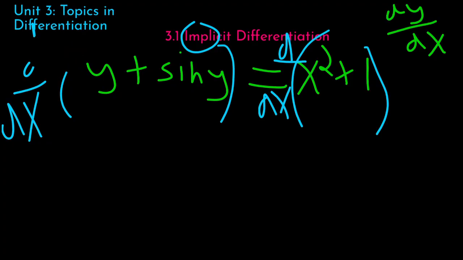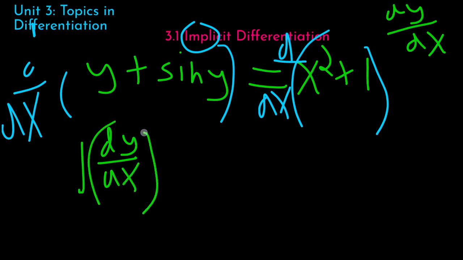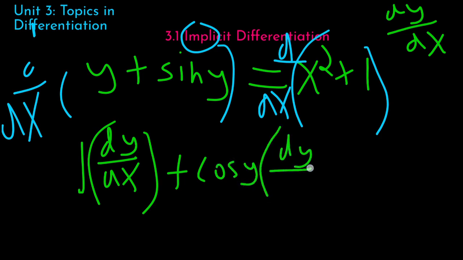Now let's evaluate this. The derivative of y is 1, and we have our chain rule, times dy over dx, plus the derivative of sine of y, which is cosine of y. Oh no, we have another dy over dx, chain rule.